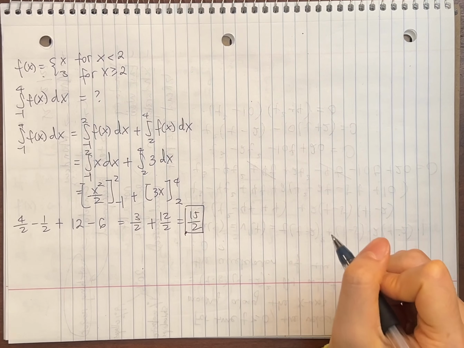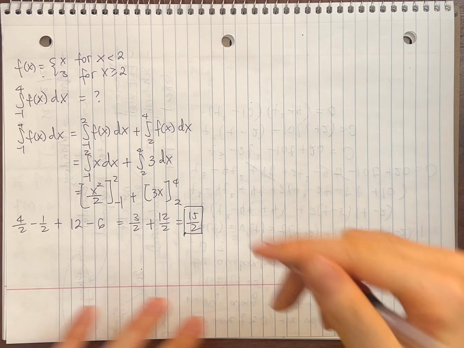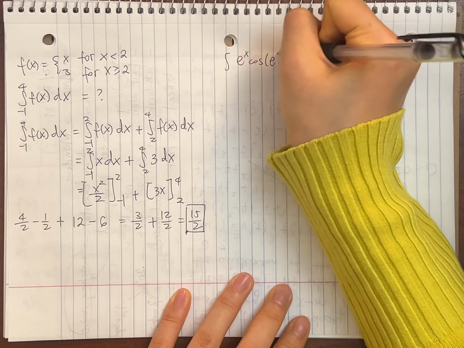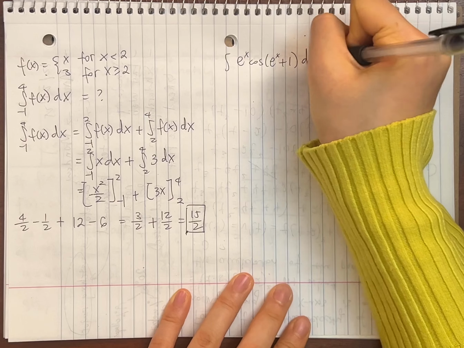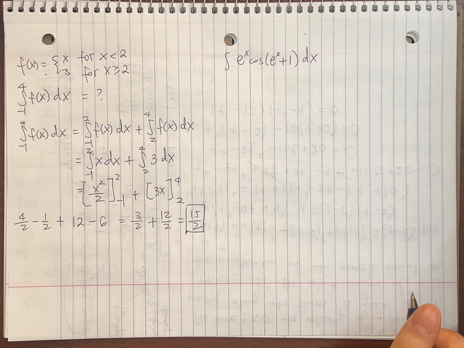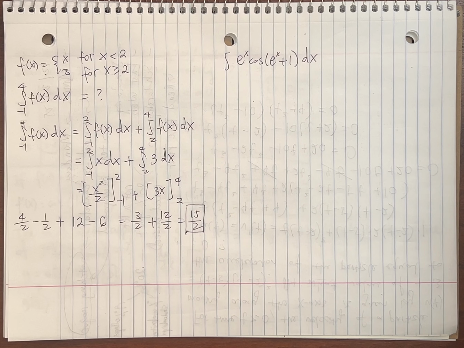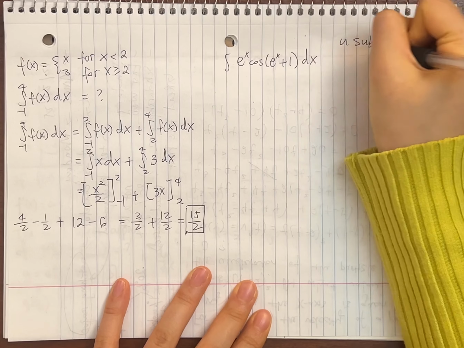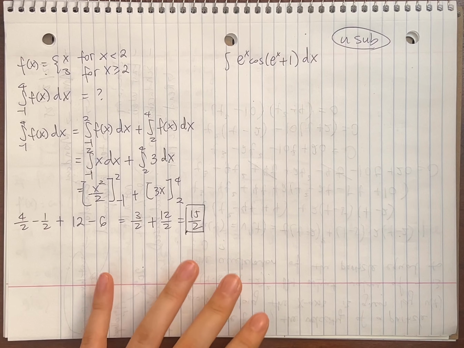Okay, let's keep going. This one, integral of e to the x cosine of e to the x plus 1 dx. Okay, what's this? Well, for this, the quick thing is to use u substitution. Pretty important topic in calculus.